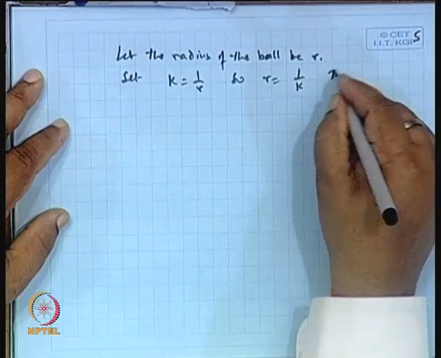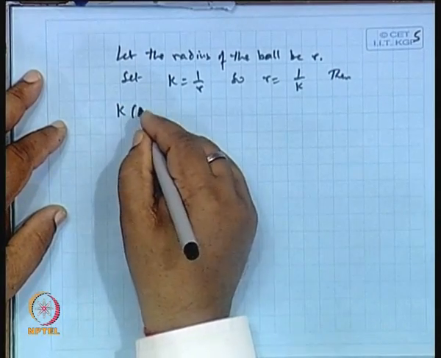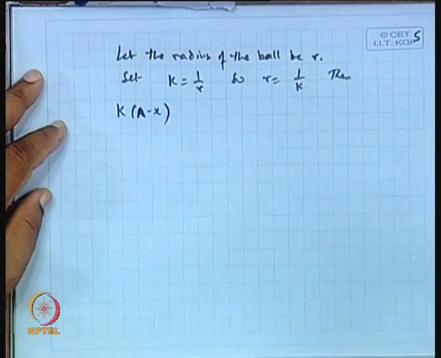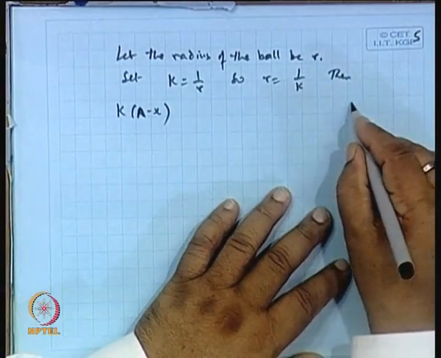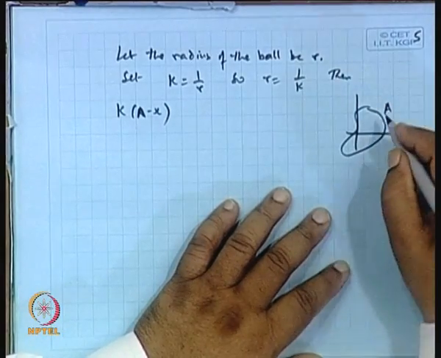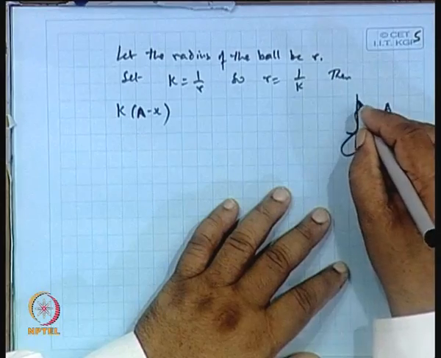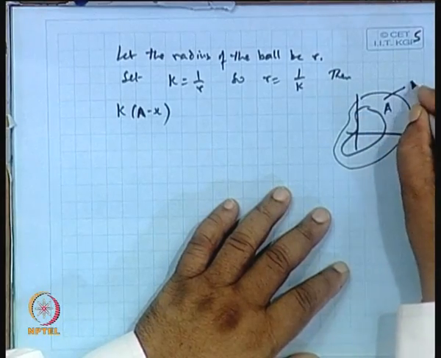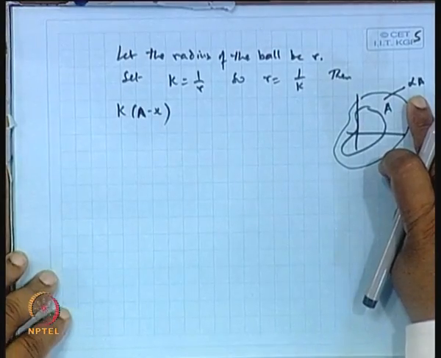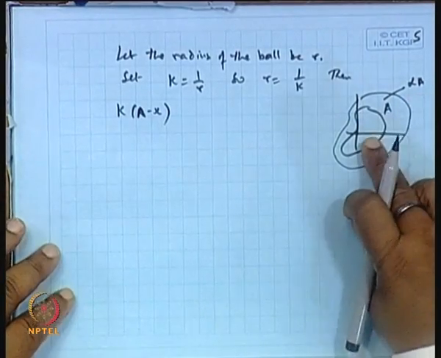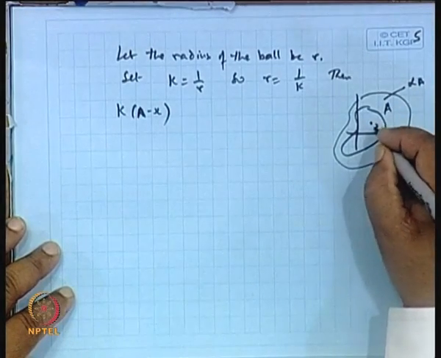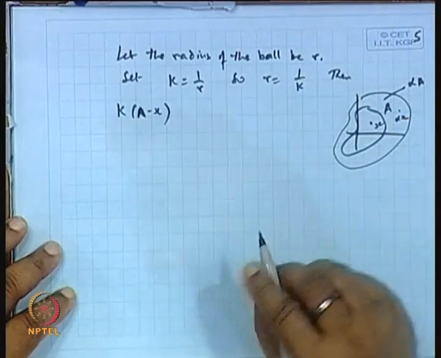Then what will be the k of A minus x? If suppose this is our set A, then alpha of A will be something like this. It is magnified with alpha, positive or negative. So, each point x will take the position alpha x like this.